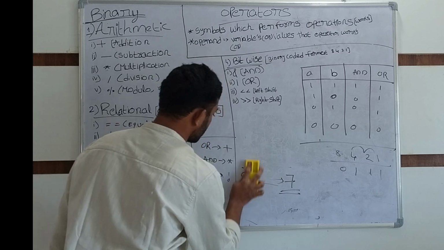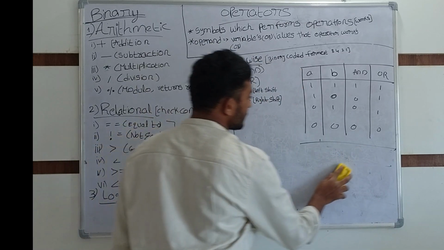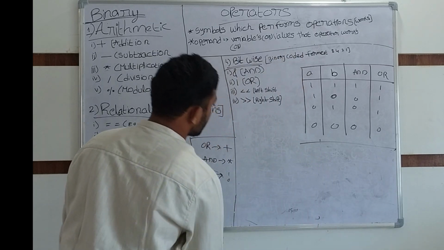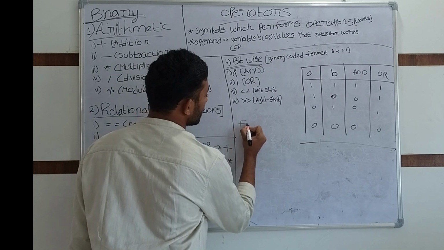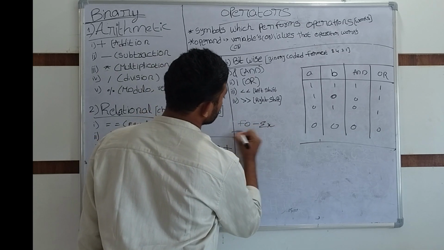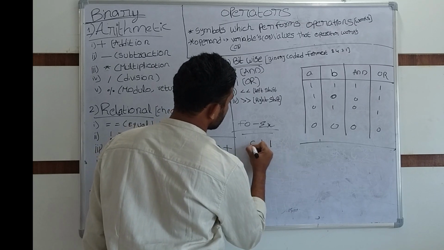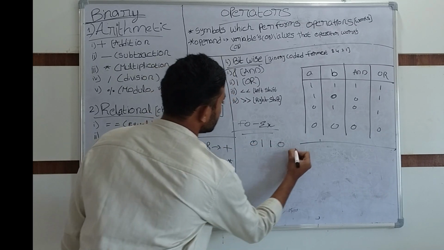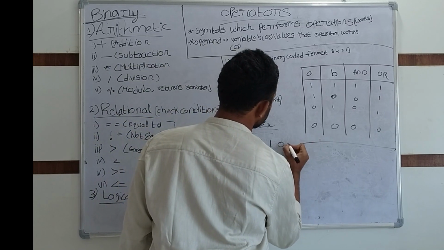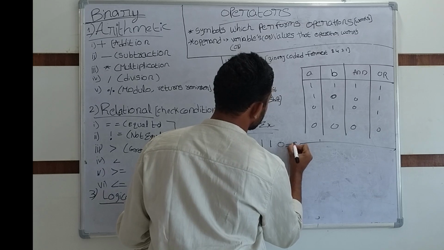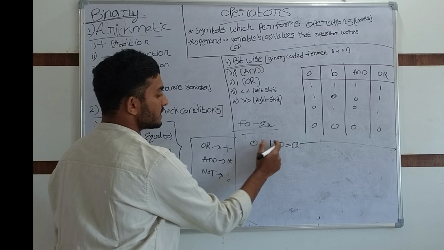Next we will see about left shift and right shift. For example, let a be equal to 0 1 1 0.